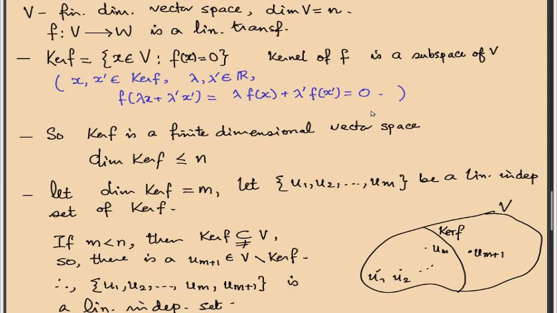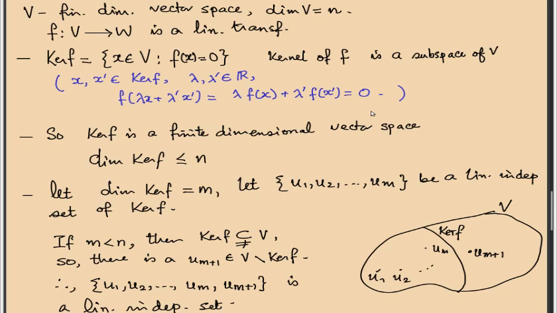We first looked into the kernel of f, which, being a subspace of a finite dimensional vector space, is finite dimensional with dimension, say, m, which is less than or equal to n.